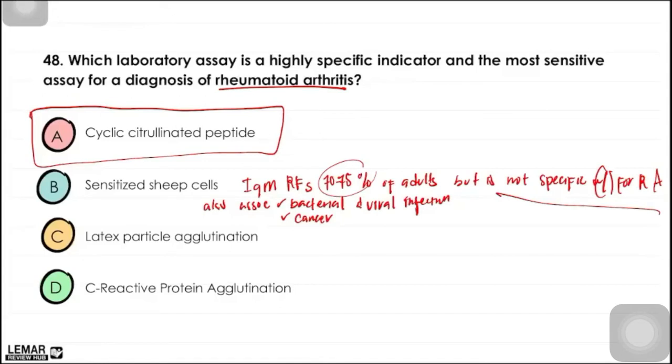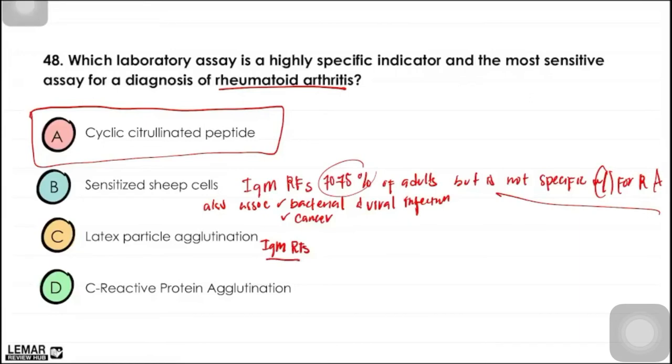Agglutination test, letter C, using latex agglutination, generally detects IgM-RFs. Although the latex agglutination procedure has 95% correlation with clinical diagnosis, probable or definite, of rheumatoid arthritis, remember that rheumatoid factor is not exclusively limited to patients with rheumatoid arthritis.